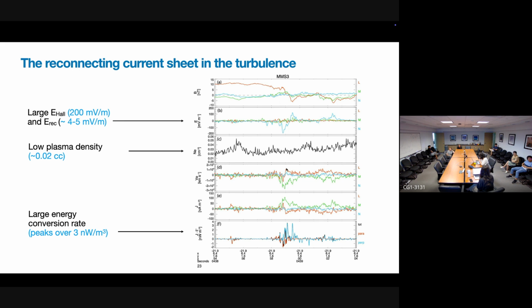The red trace for the electron velocity is the reversal for the electrons, telling us the electrons are also being accelerated. The last panel is the energy conversion, J·E. It's also really large. All the things highlighted here make this event stand out from the rest of the tail EDRs that have been seen.